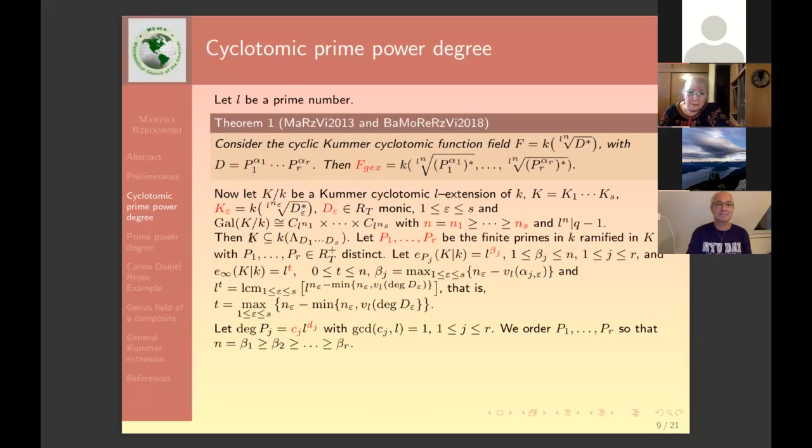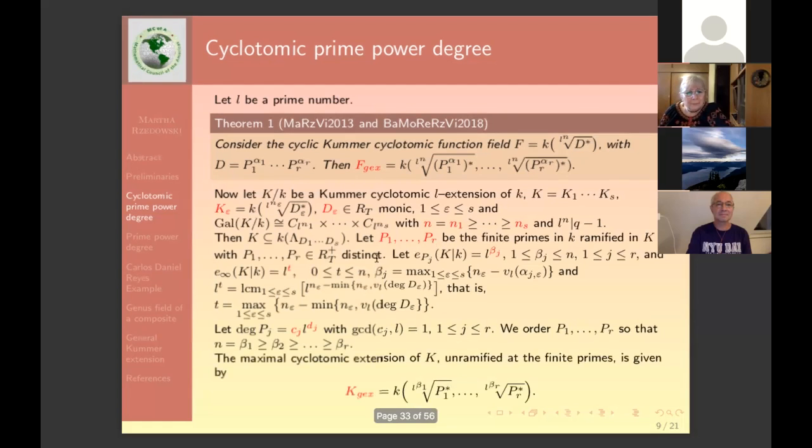This field is contained in a cyclotomic one. We consider the primes that ramify, the ramification for the finite primes and for the infinite prime. Consider also these numbers. And then we obtain a nice expression for the extended genus field. It's like that.